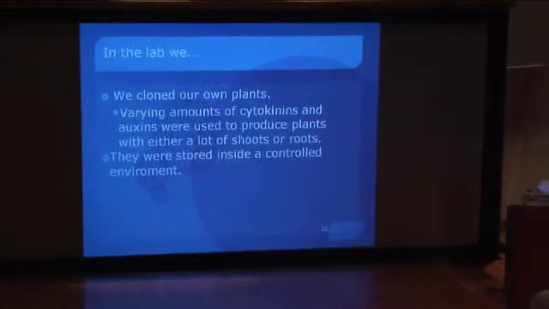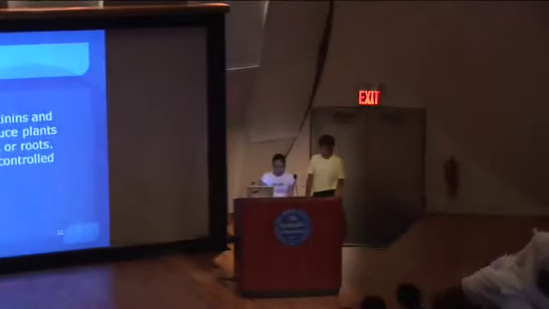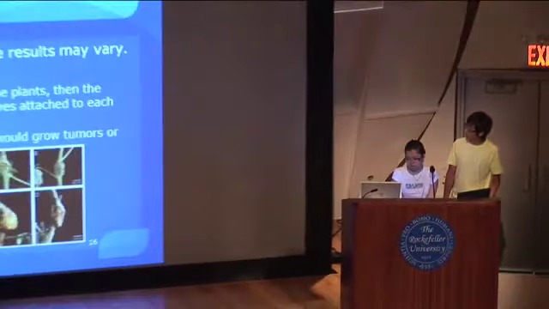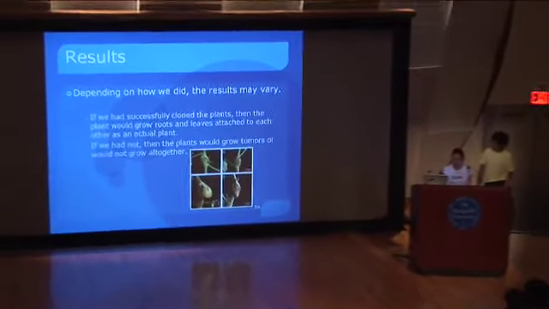Like I said earlier, in the lab we cloned the plants, and they were stored inside a controlled environment for about 5 days while we were there. The results were different for each of us, depending on how we did it or how the medium was created. There were 2 possible results.